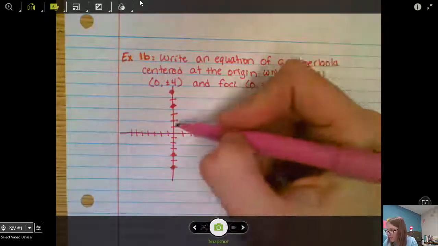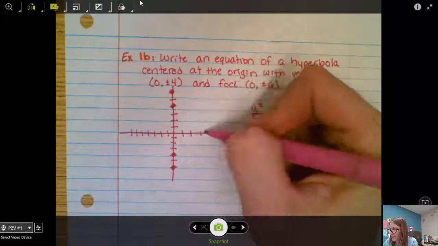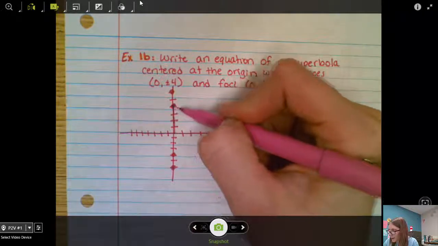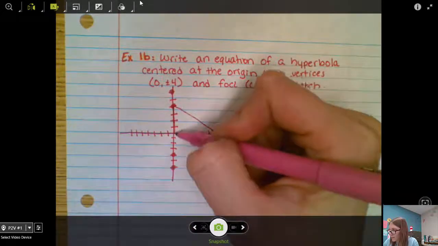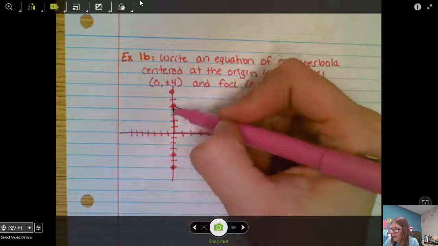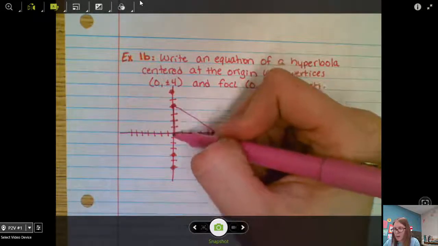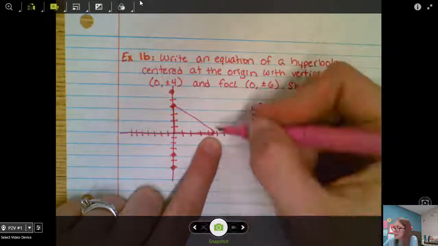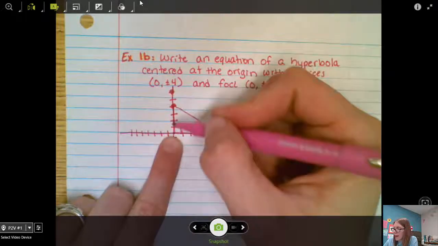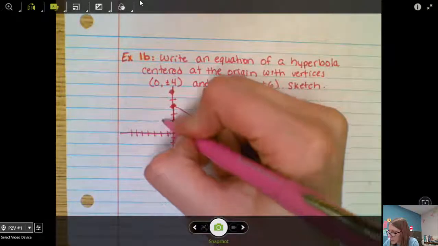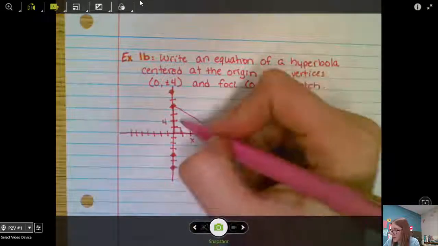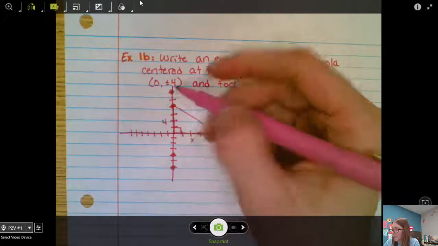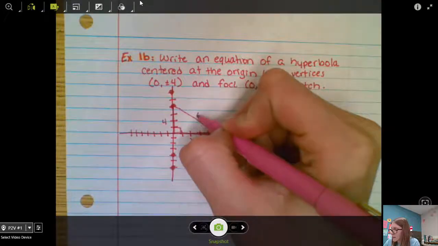I don't know where that central rectangle is actually going to go out to, but this is what my right triangle is going to look like. So I go from my vertex to the origin out to wherever our central rectangle is, whatever that endpoint is. And if we draw in our right triangle, I know this length is going to be 4. I don't know this length. The hypotenuse of my right triangle is from the origin out to my focus, and that length is 6.